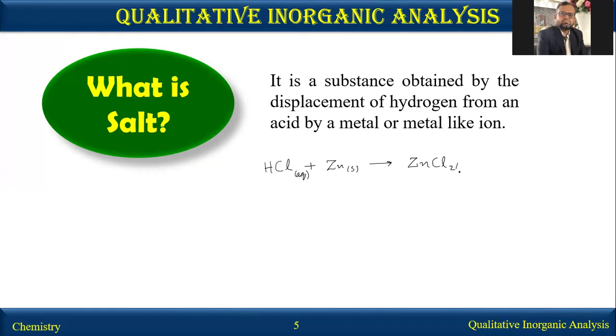Zinc chloride is produced, and zinc chloride is water soluble, so it remains in aqueous form, while hydrogen displaces as gas.